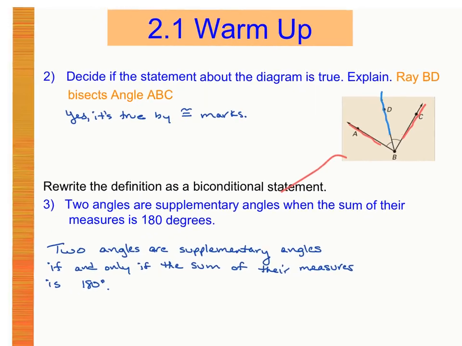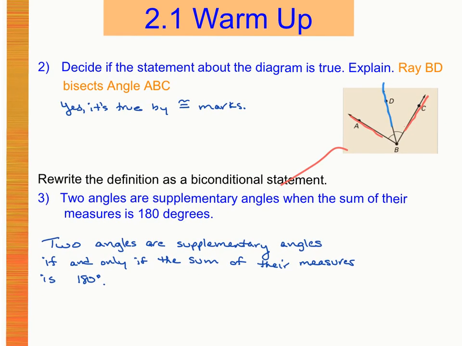Thank you. You're welcome. All right, number 3, it says to rewrite the definition as a biconditional. Normally, if it didn't tell you to just go ahead and write it, remember, you have to double check that the original statement is true and the converse, but because they just told you to rewrite it and it's a definition, we can go ahead and just add in our words if and only if.